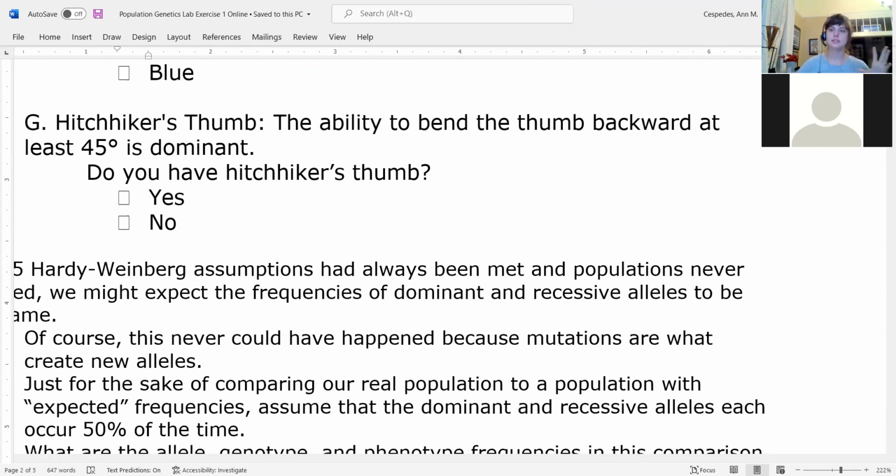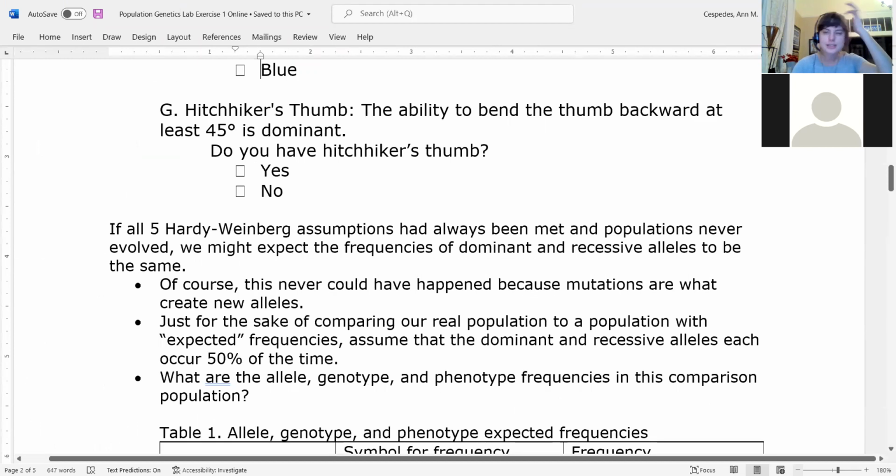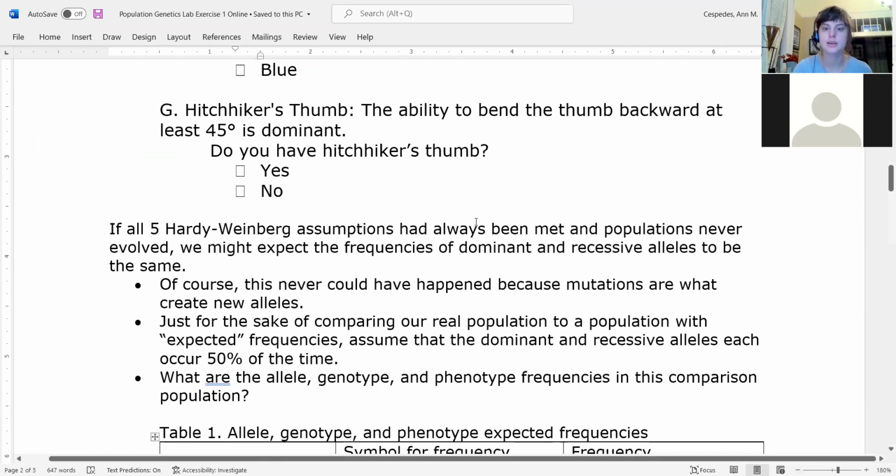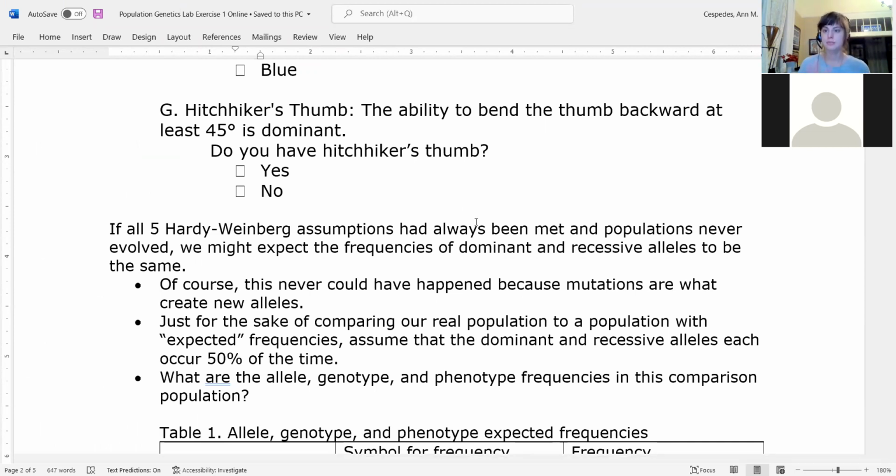Then we're going to analyze our class as a population, and we're going to see if our class allele frequencies match up with our Hardy-Weinberg assumption. It's just a little example of what you could do with a real population, actual data you could collect for a whole population. You would sample the population and then decide based on those numbers if the population is in Hardy-Weinberg equilibrium.